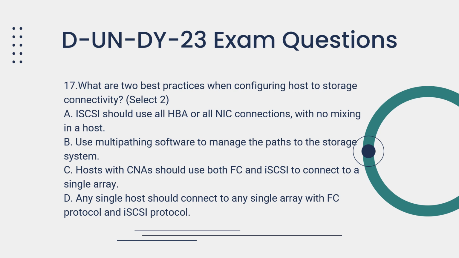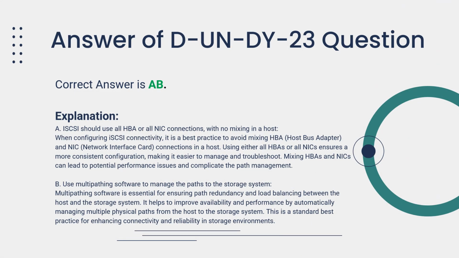C. Hosts with CNAs should use both FC and iSCSI to connect to a single array. D. Any single host should connect to any single array with FC protocol and iSCSI protocol. Correct answer is AB.